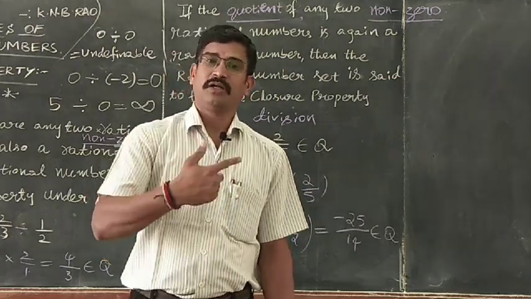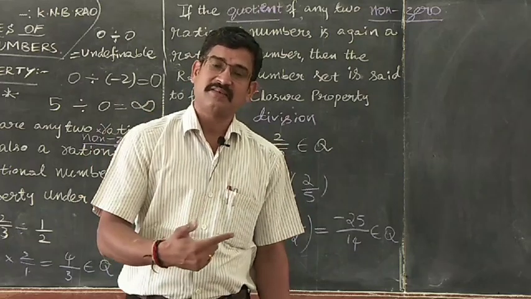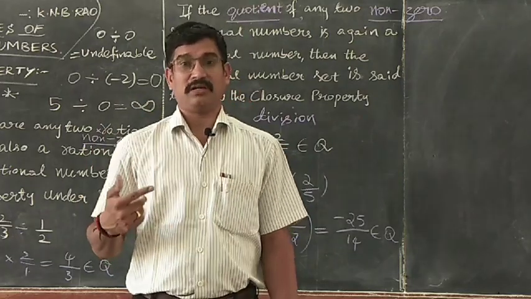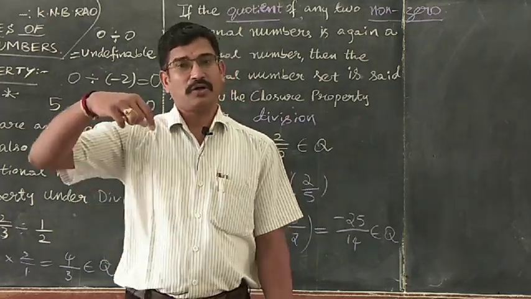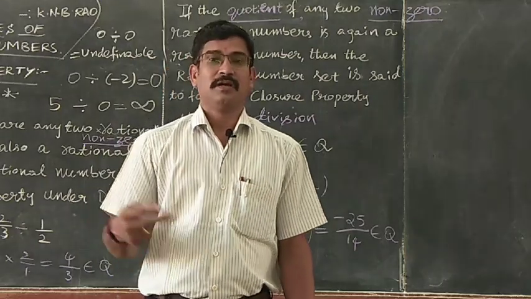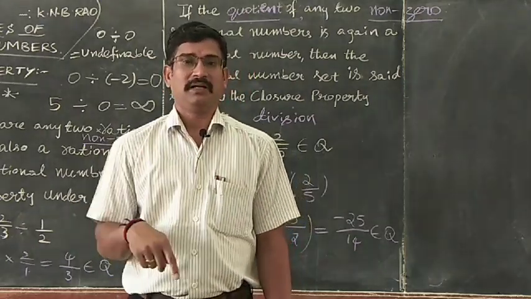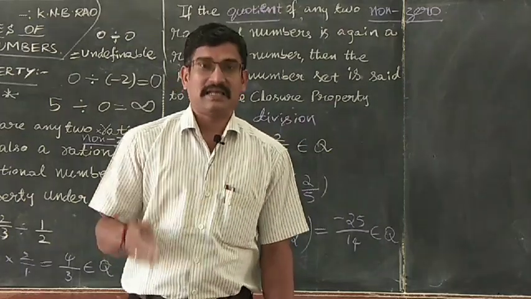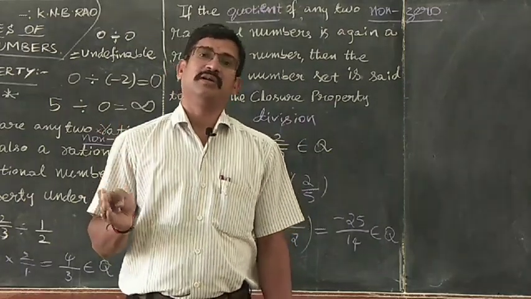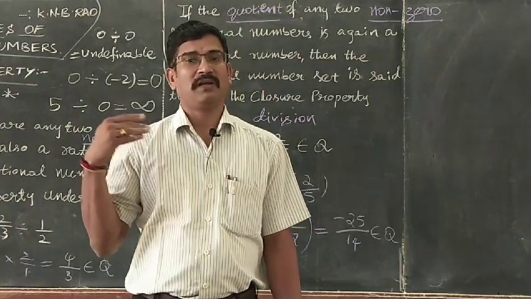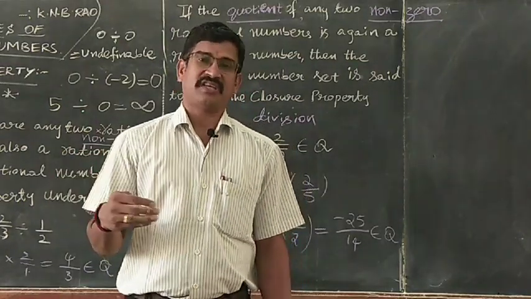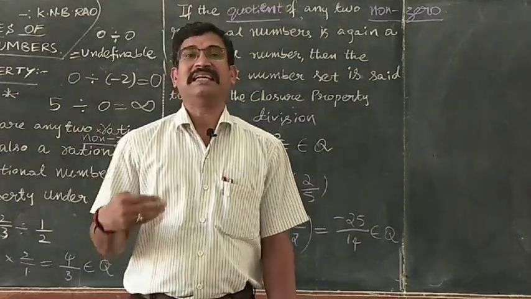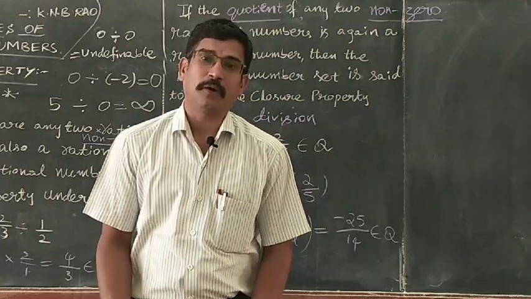What you have learnt in your previous class 7th standard for whole numbers and integers, and what you have learnt this year for rational numbers, put together will form a table. So, you form a table which is there as an exercise in your textbook on your own. Tomorrow I will give you the table, you cross check, and we will proceed to the next property called the commutative property. Thank you.